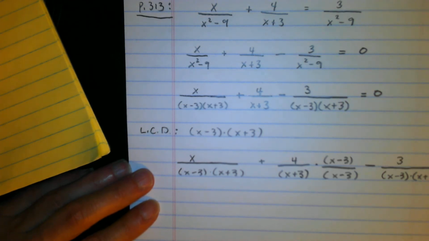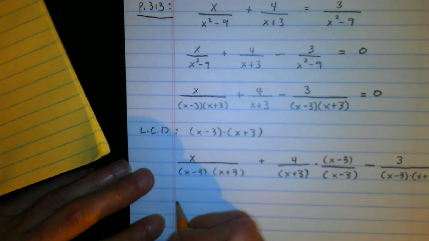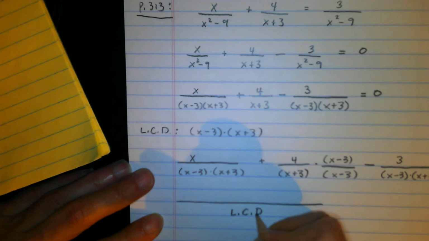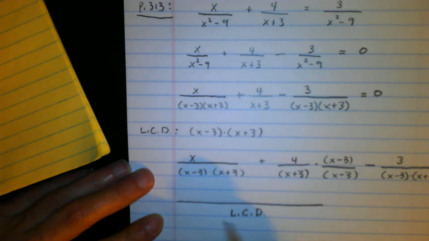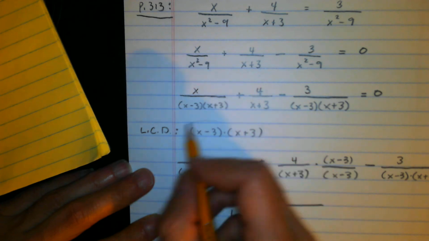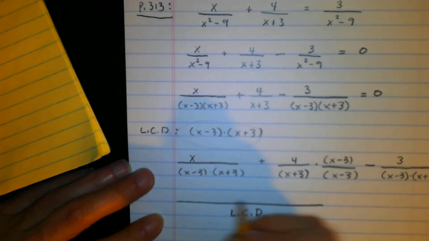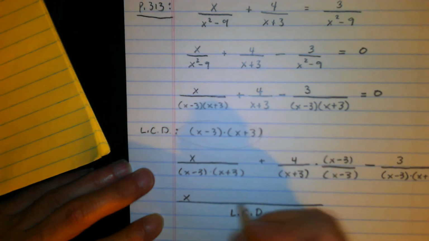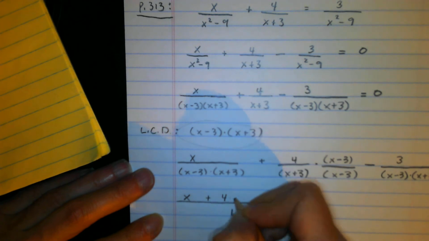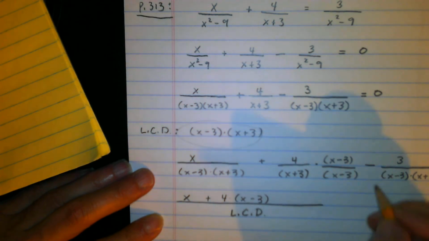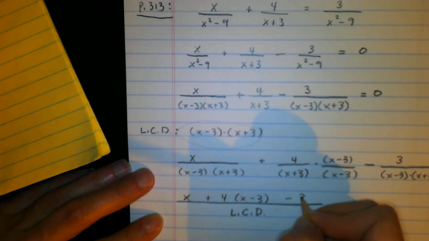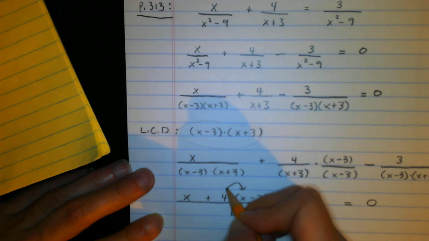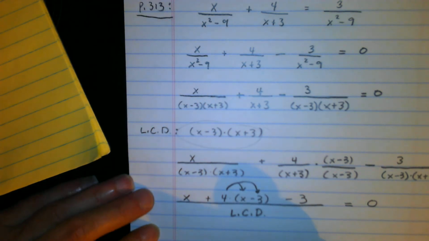So let's simplify. Again, I'm just going to write the LCD in the denominator to indicate that that's what's there, so I don't have to write it a bunch of times. And I've got x plus 4 times x minus 3 minus 3 equals 0. We're just going to distribute and collect like terms.